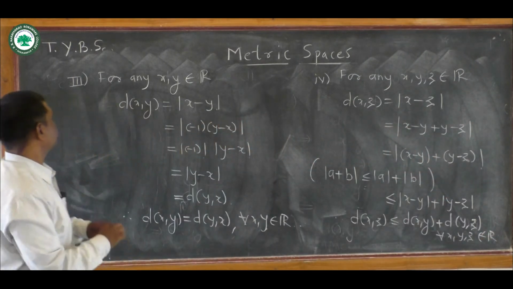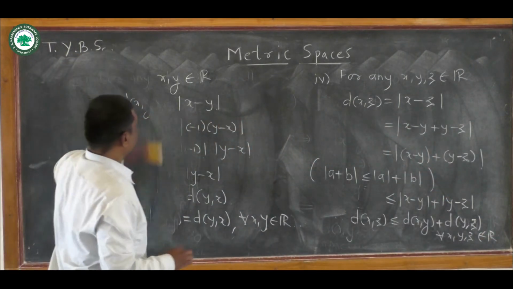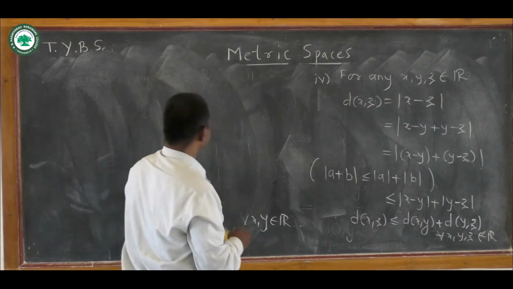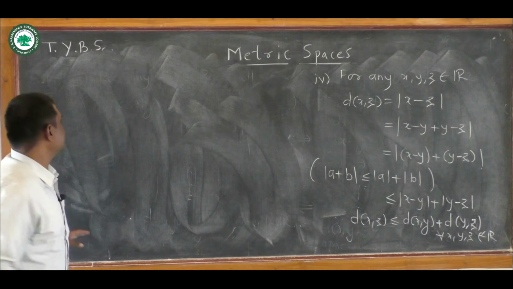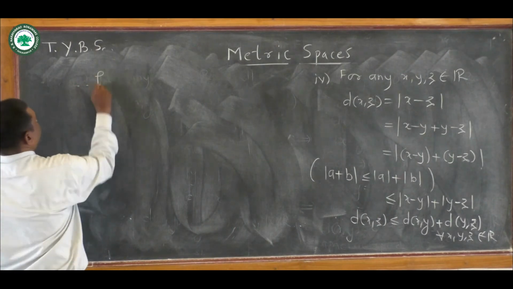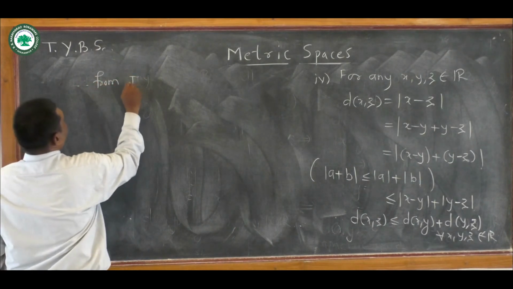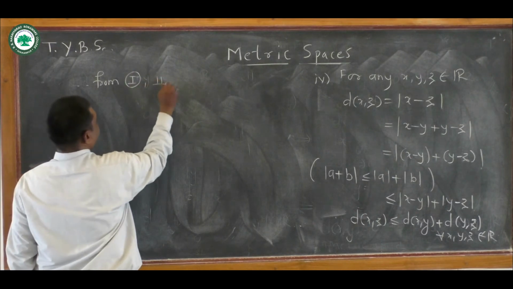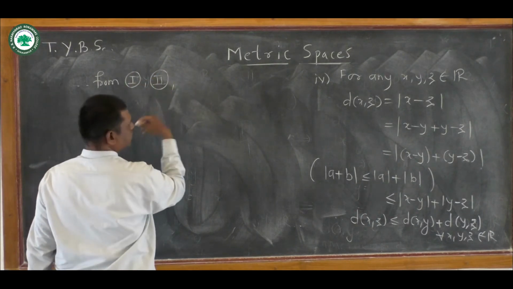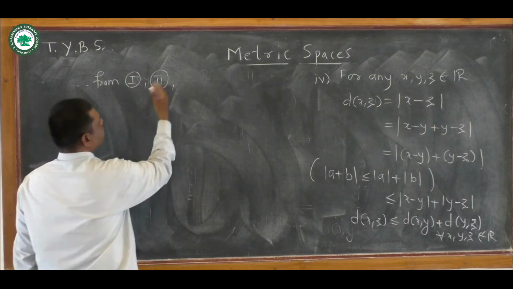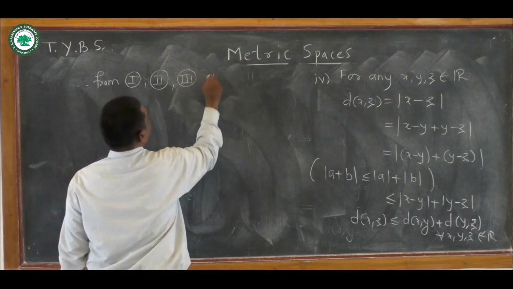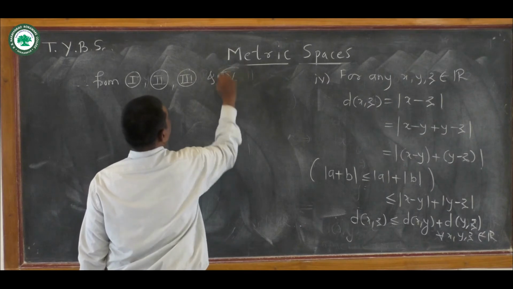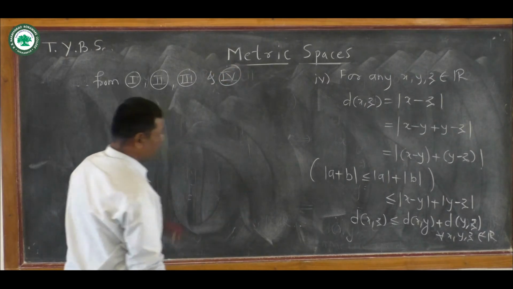Now from all these conditions, we know that D satisfies all of them. The first is non-negativity, the second is D(x,y) = 0 if and only if x is equal to y, the third is symmetry, and the fourth is the triangle inequality.